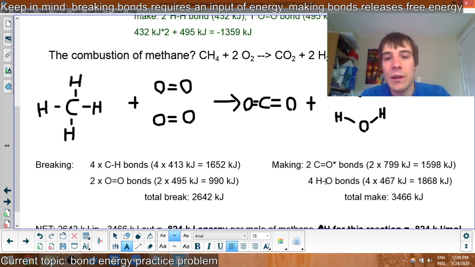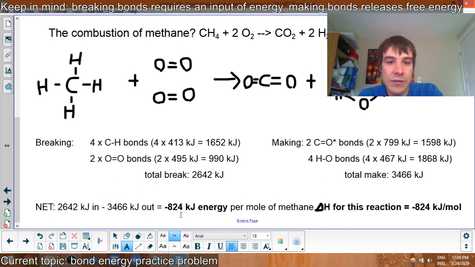And we're making 4 hydrogen-oxygen bonds for the 467, the same bonds. And we're making that much, and so the delta H here is actually negative. We're releasing energy. We're making more energy than we need to break the first bonds. Note that a lot of that just comes from the 2 CO2s. It's so much energy released when you make a CO2.